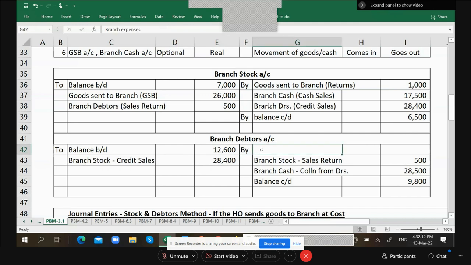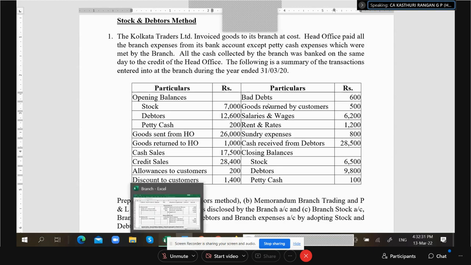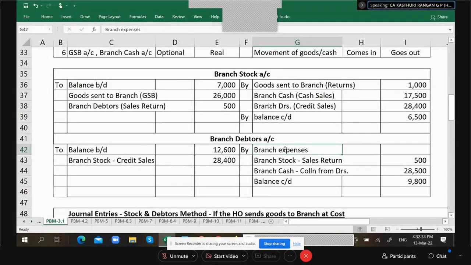Now, branch expenses. What is a branch expense here? See, allowances, discount, bad debts. All these are expenses at branch. All these relate to customers. All these are to be credited to the debtors account and debited to expense account. So the journal entry will be what? Expense account debit to branch debtor. So in branch debtor by expenses, 2,200.